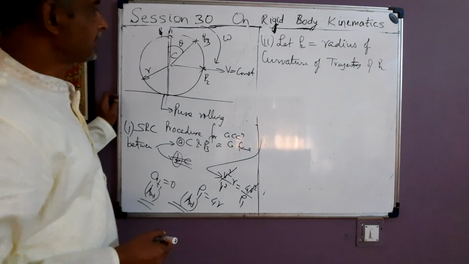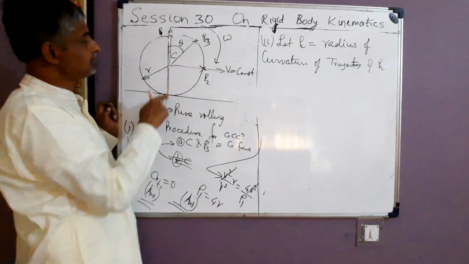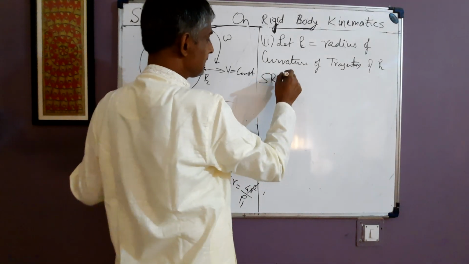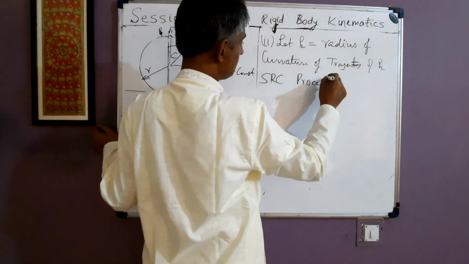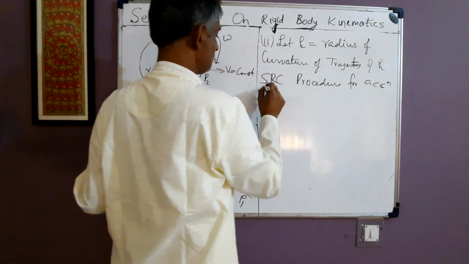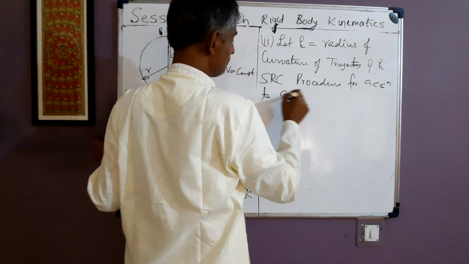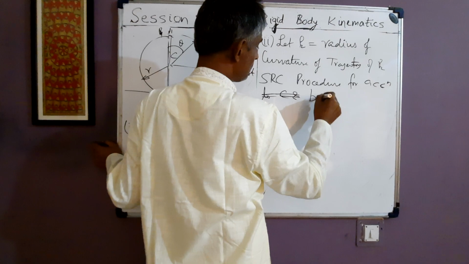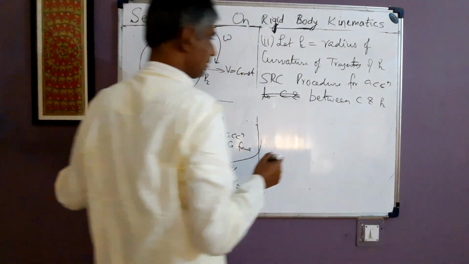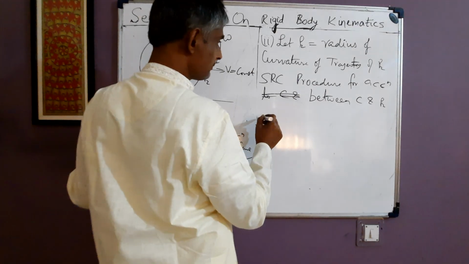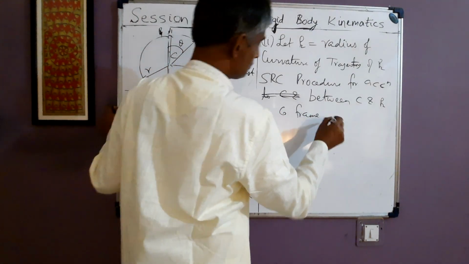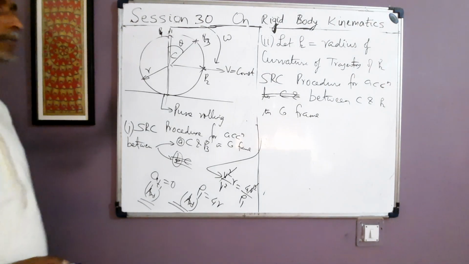So, what I do, first apply SRC procedure for acceleration between C and P2 in the ground frame, G frame. G frame meaning what? Ground frame.